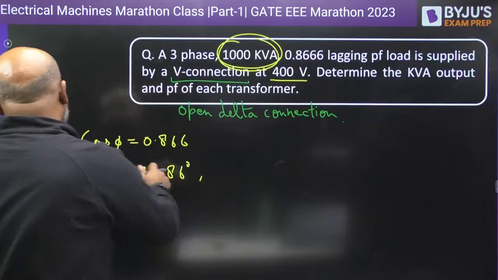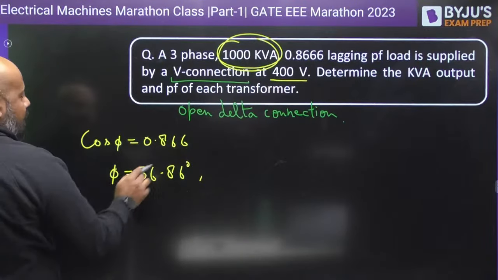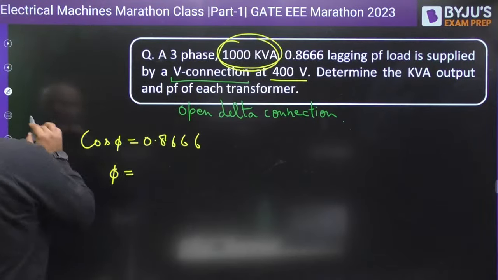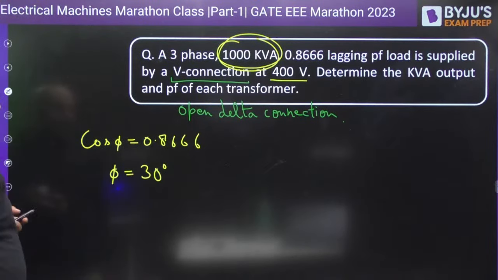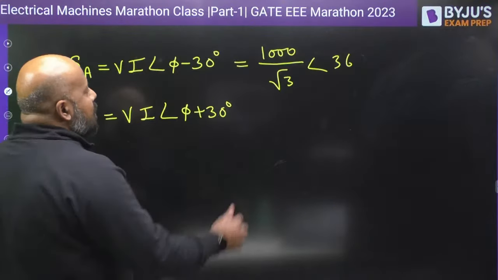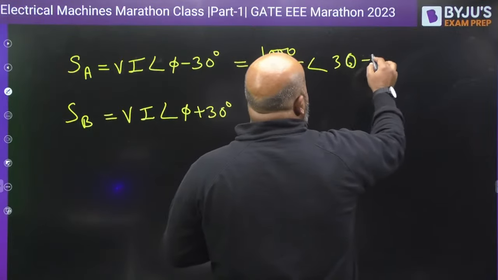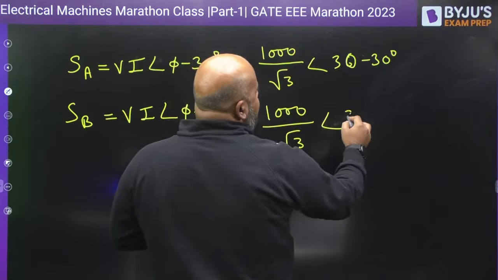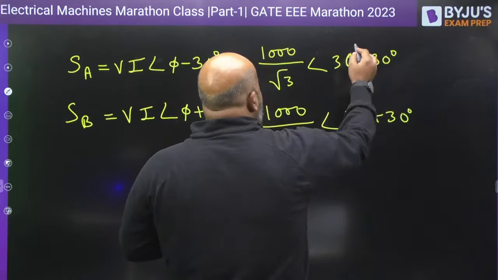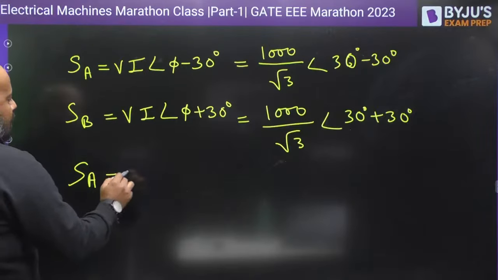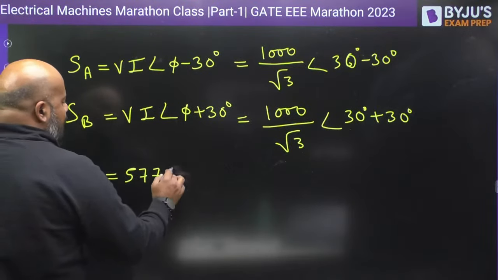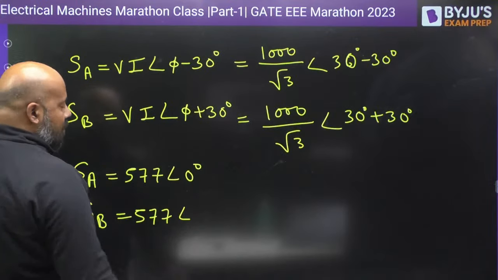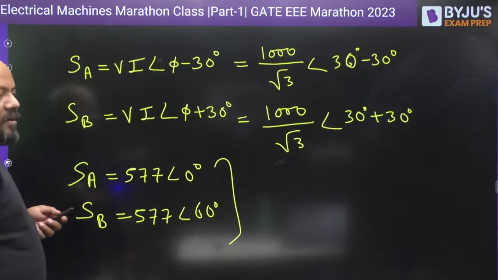It is not 36.86, because they have taken a very close value, so we cannot approximate. If you solve it, phi you must be getting as 30 degrees. So it becomes 30 minus 30, and 30 plus 30. Finally SA and SB you must be getting 577 angle 0 degrees, and for B phase 577 angle 60 degrees. Is it clear, everybody?